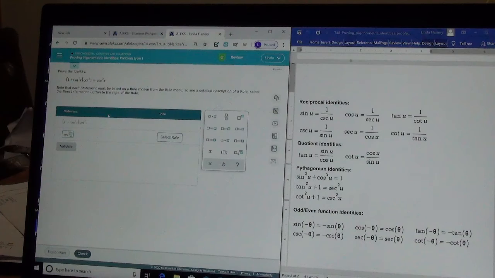Don't really need the parentheses, but it's not letting me do it, so maybe I better put the parentheses around that. There we go. Times cotangent of x, or cotangent squared of x.